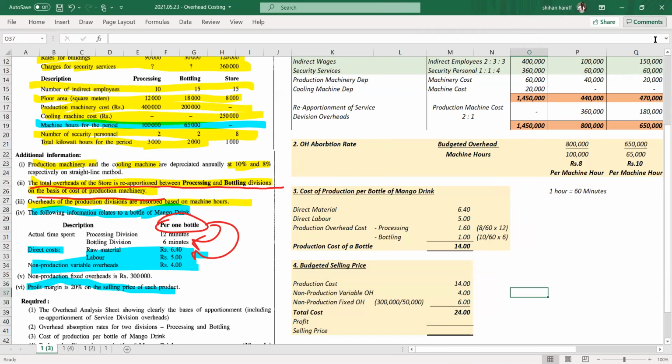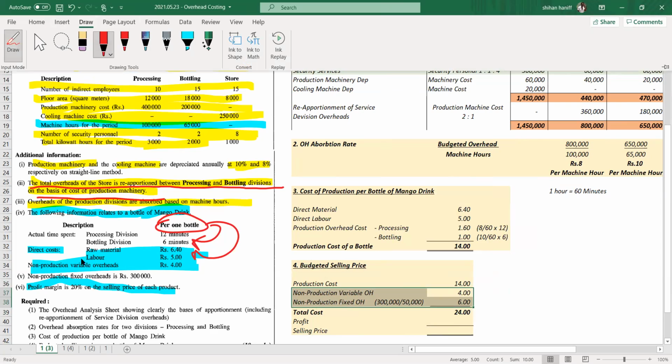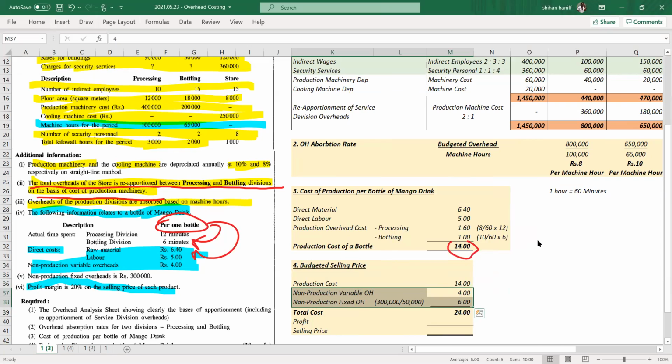Can you all tell me how much is the profit? I'll explain non-production overheads. When you calculate the profit, you have to take production cost plus non-production overheads, non-production variable and non-production fixed. Variable cost is 4, so we have taken 4.